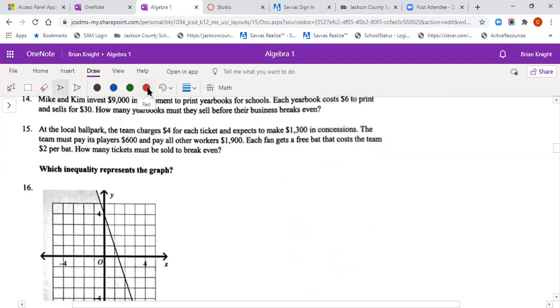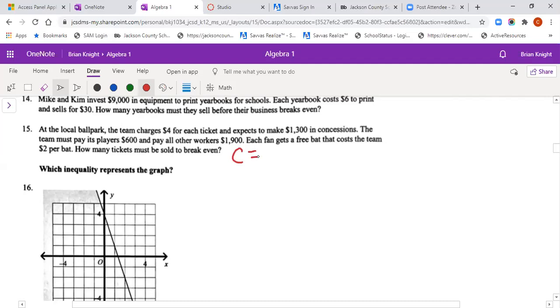All right. So at the local ballpark, the team charges $4 for each ticket and expects to make $1,300 in concessions. The team must pay its players $600 and pay all other workers $1,900. Each fan gets a free bat that costs the team $2 per bat. How many tickets must be sold to break even? So let's think about our costs.